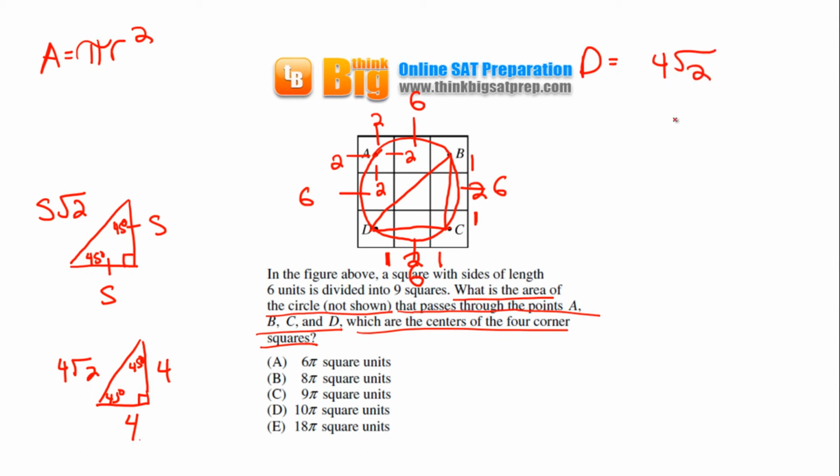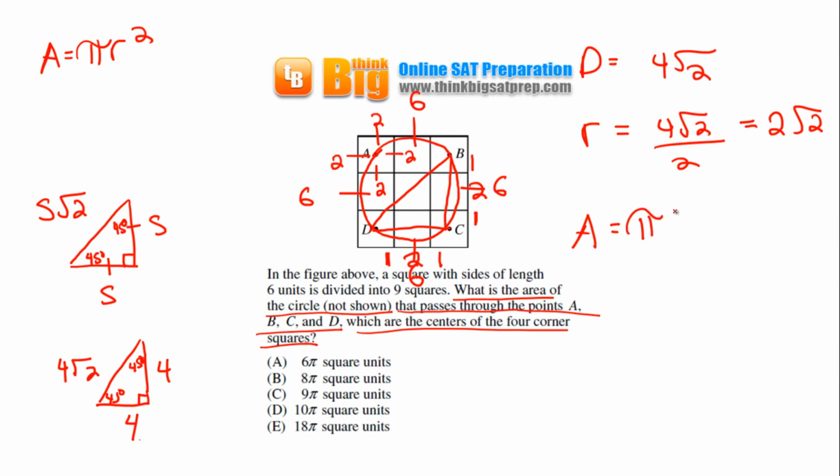Now to find the radius of the circle, you have to divide the diameter in half. Radius equals 4 root 2 divided by 2, which is 2 root 2. Now we have the radius of the circle. Last step, let's find the area. Take the radius and plug it into the formula for the area of a circle.